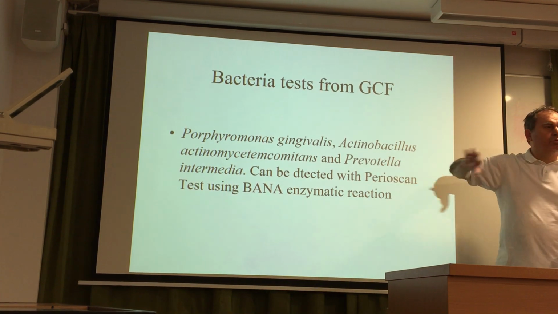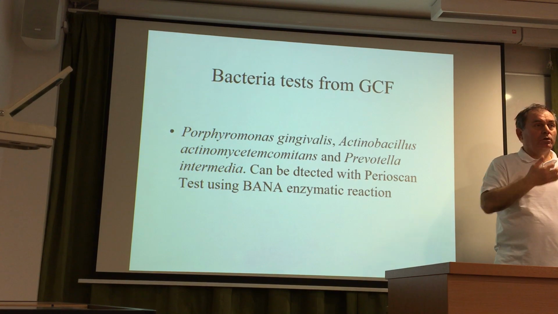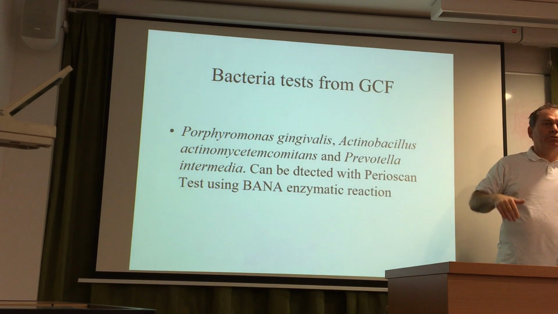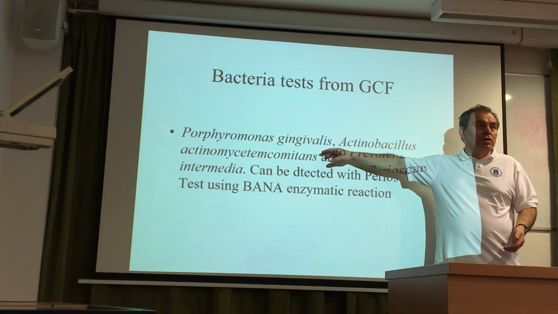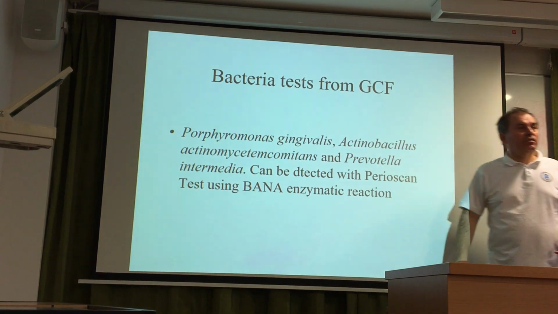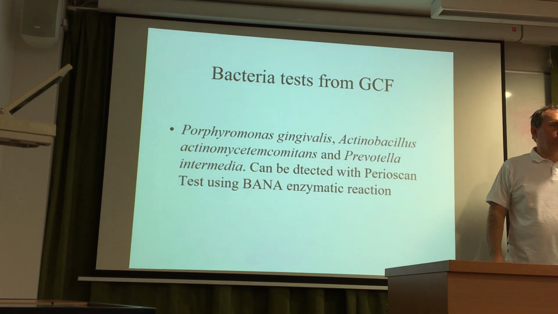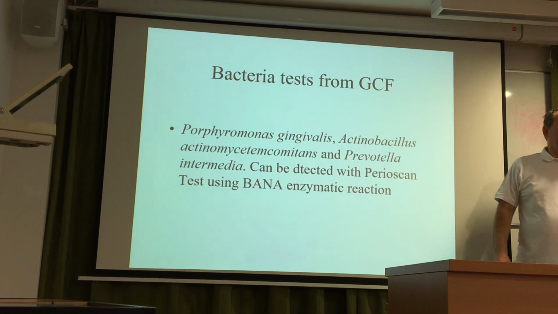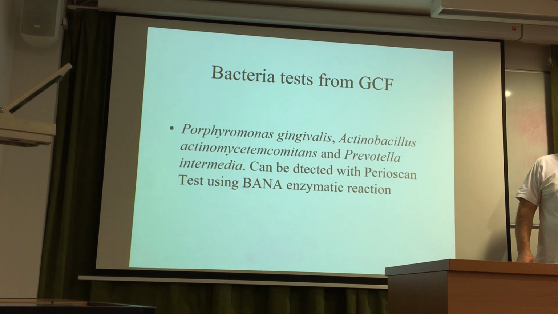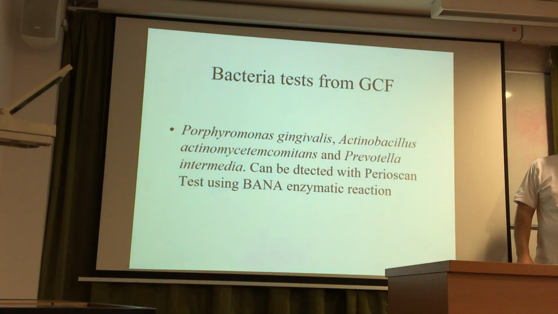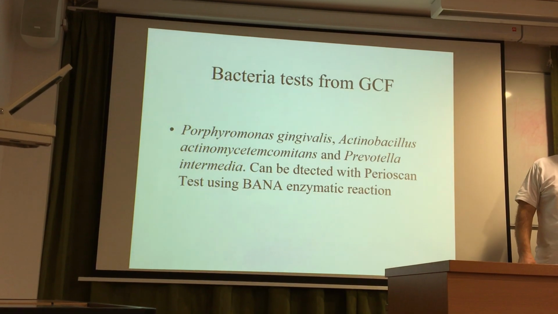So you have to screen the patient and the periodontal gingival fluid for these periodontopathogenic bacteria. These bacterial species are very dangerous for the periodontium. I mentioned you have more than 300 bacterial species in the oral cavity, but most of them are absolutely not harmful. So it is not dangerous.